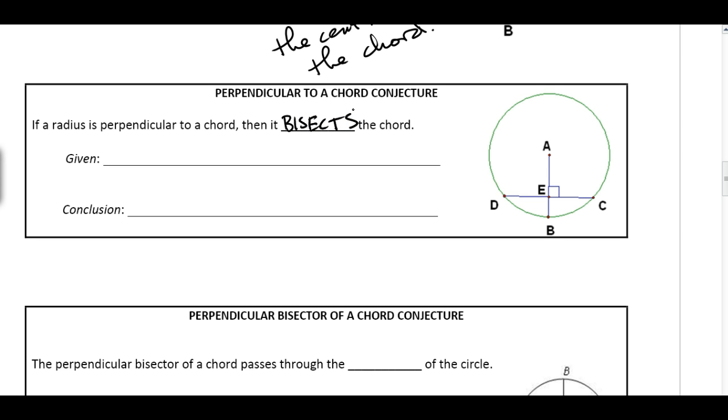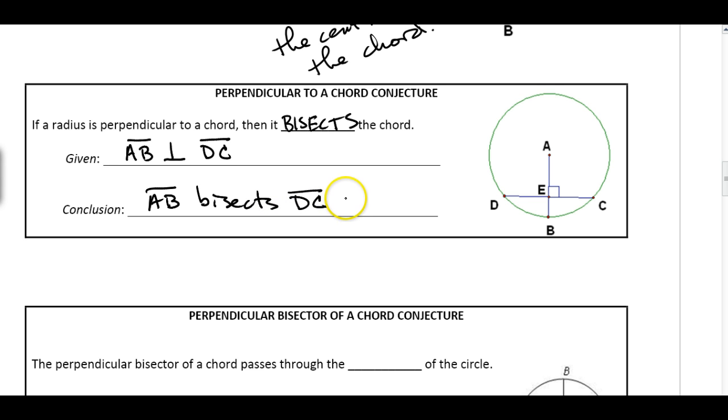Okay, so the information that we would be given is in the hypothesis of our statement. That's the if statement. So if we were given that AB is perpendicular to DC, so the radius is perpendicular to the chord, the conclusion that we could make is that AB bisects DC.